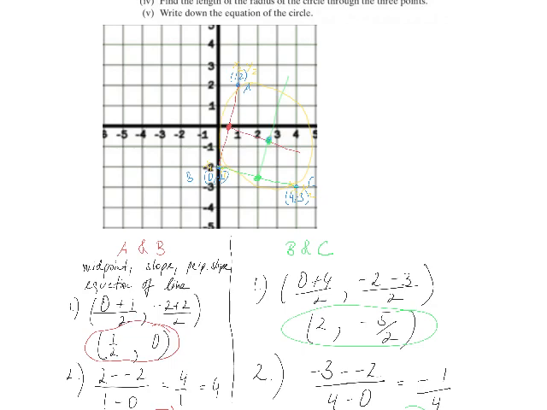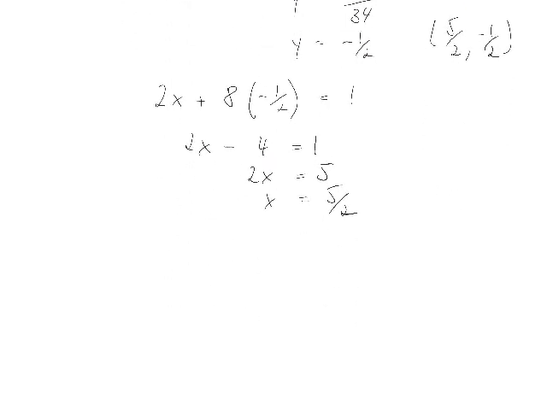So we take our center and we take one of the points and we calculate the distance between the 2 points. And remember, we use our distance formula. D is the square root of x2 minus x1 all squared, plus y2 minus y1 all squared.